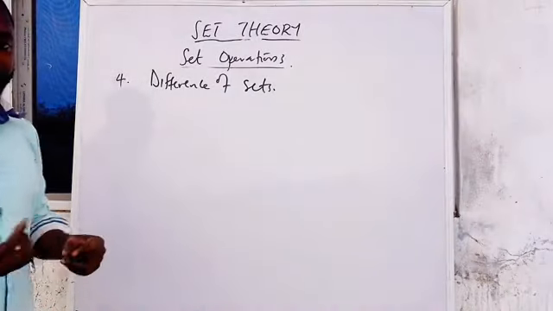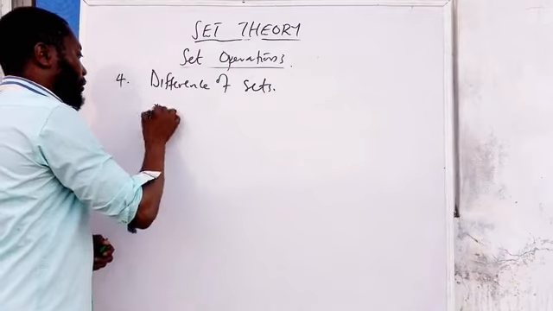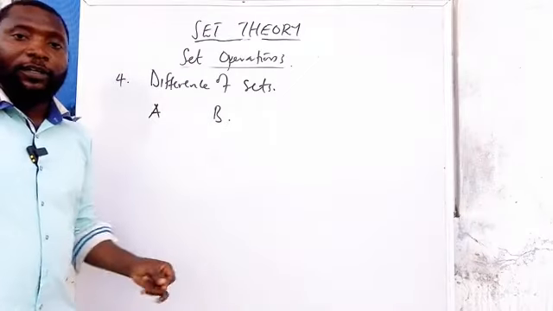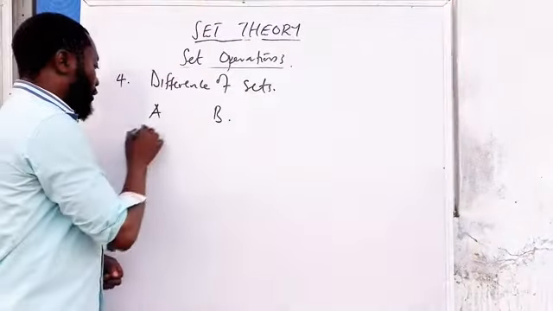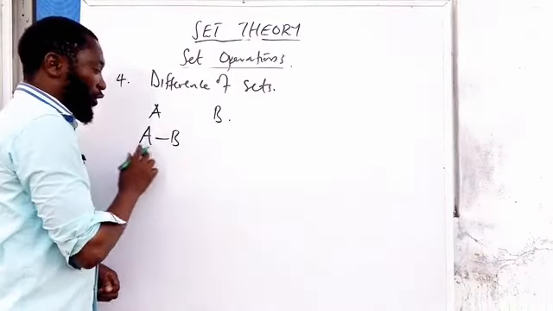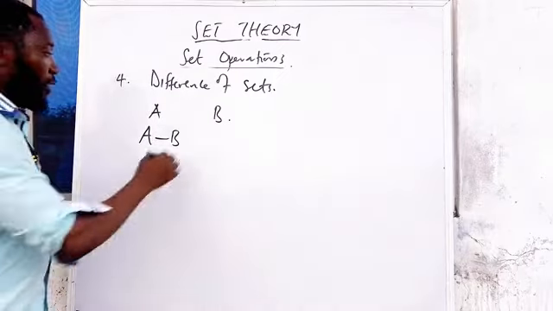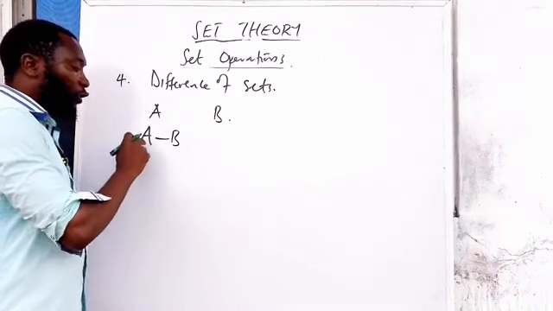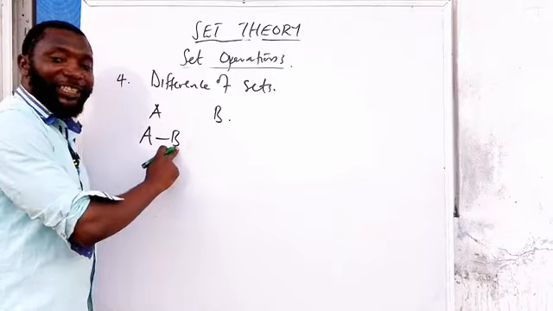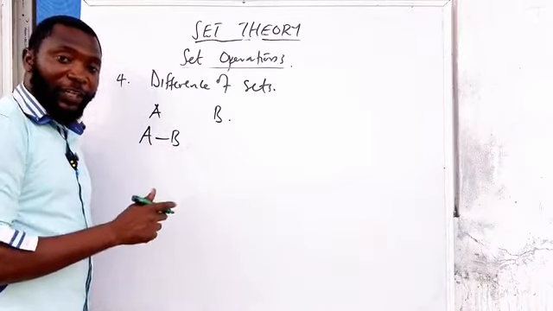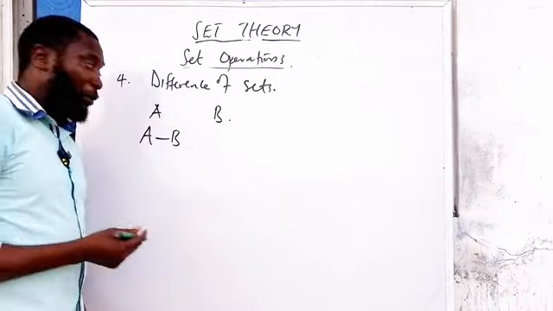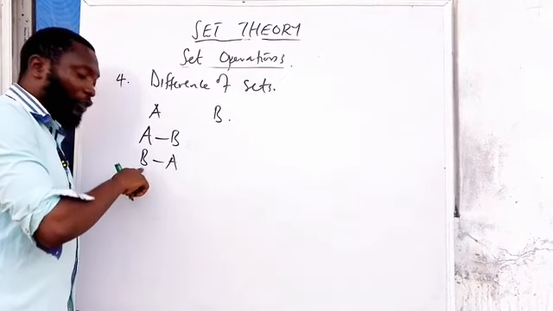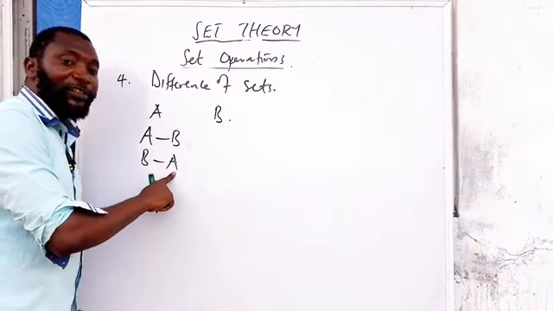For example, suppose we have set A and set B. Now, A minus B, which is the difference of A and B, simply means members of A that are not in B. That is what we mean by A minus B. Or we say B minus A, members of B that are not in A.